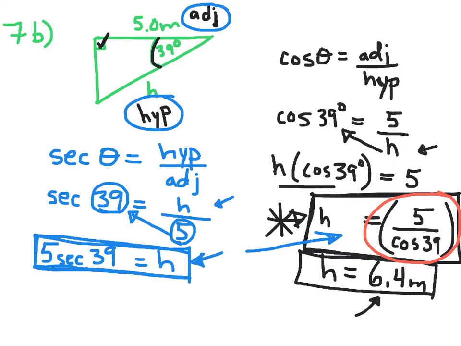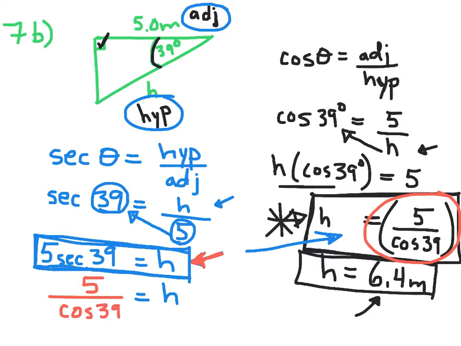However, since this question specifically asks us to find the answer to the nearest tenth, if you were asked to change this line and actually figure out what h is, that's not an issue. We know that 5 is fine, but what does secant 39 mean? It means 1 over the cos of 39.